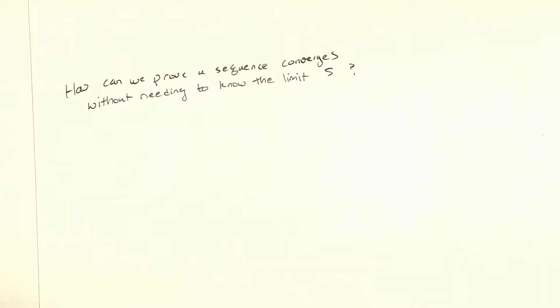In particular, what we want is some way of verifying convergence that just looks at terms in the sequence. Because terms in the sequence we can compute, we can learn things about.